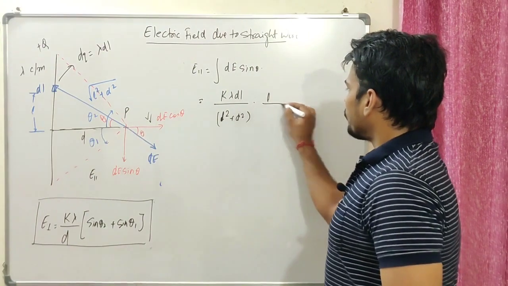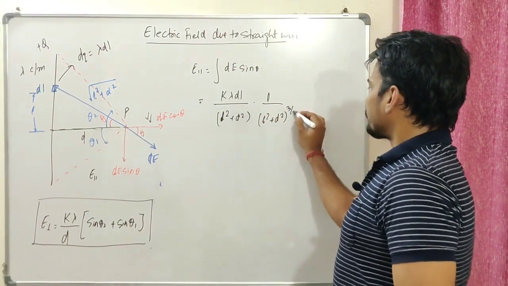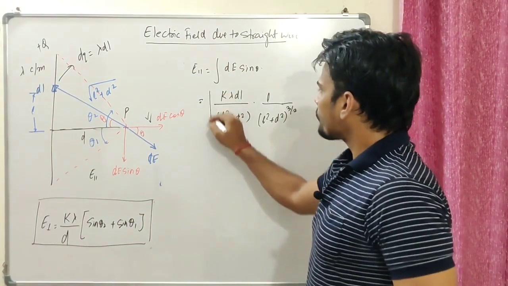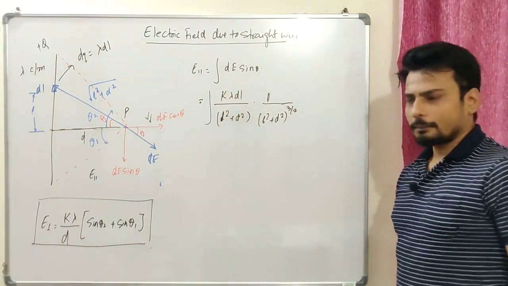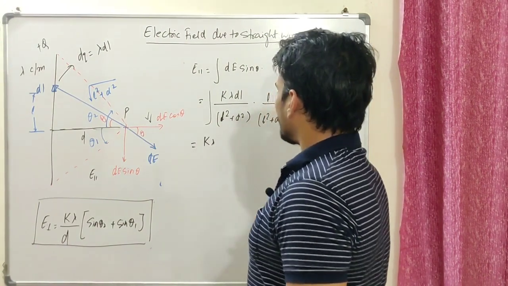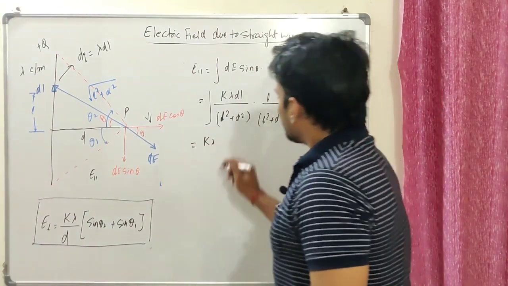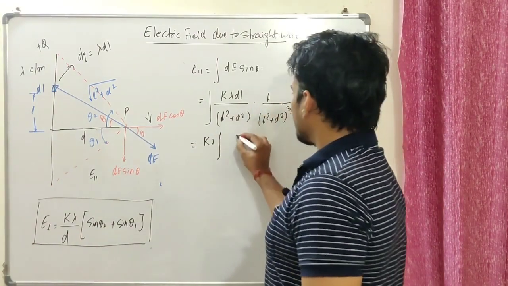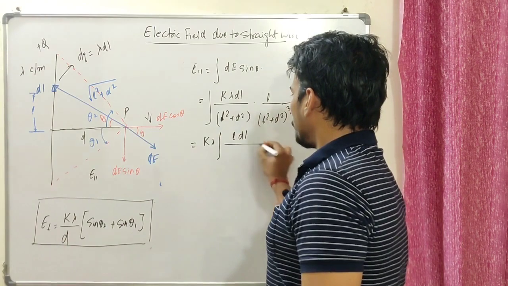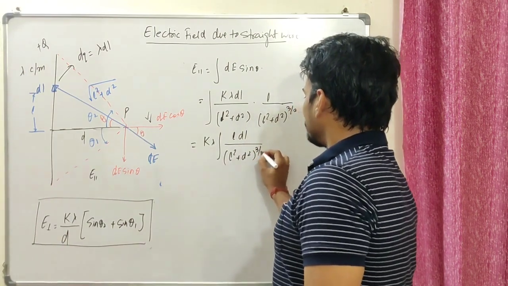It's going to be L over L square plus d square to the power of 3 by 2. No problem. Let's have the integration sign over there. So I'm going to get k lambda outside. Well, L is variable, I can't take it out. So I'm going to have something like this, L dl over L square plus d square to the power of 3 by 2.